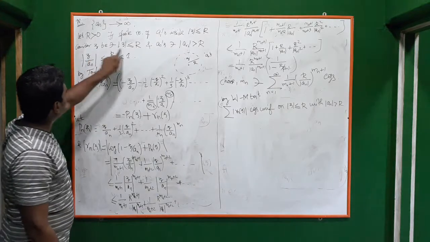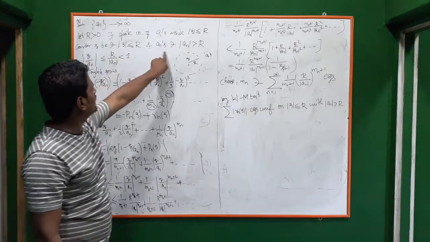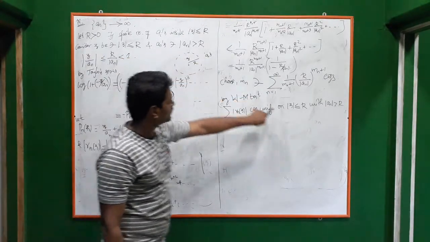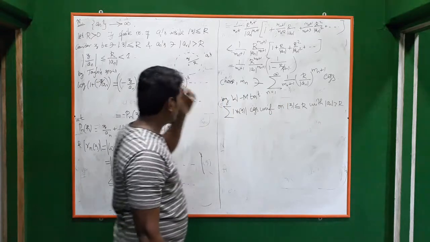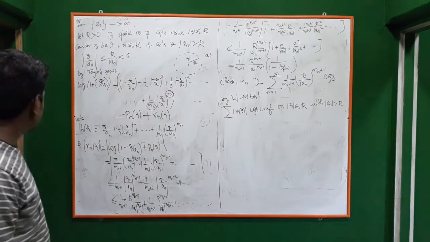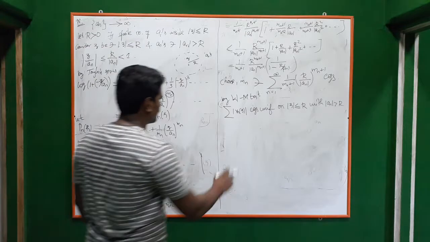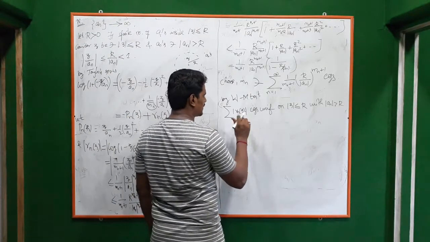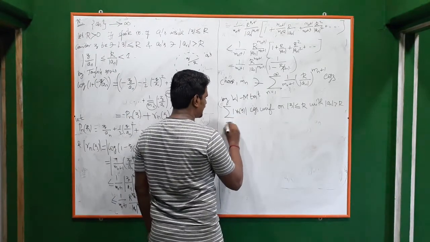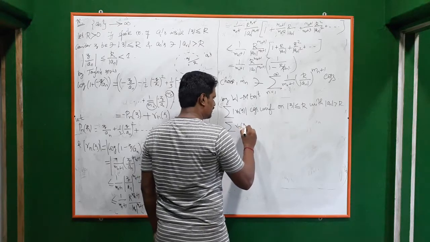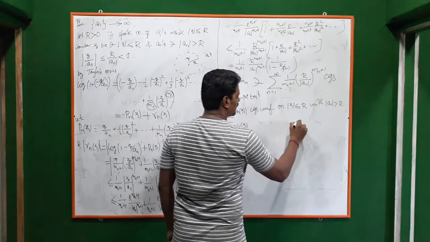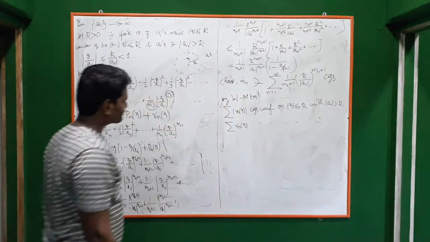So z we have chosen mod z less than or equal to r, and mod an greater than r. So these two things should be there always. Okay. So this series converges uniformly. Converges uniformly means, I mean, modulus of this converges means summation Rn of z also converges uniformly. Everything will be there.